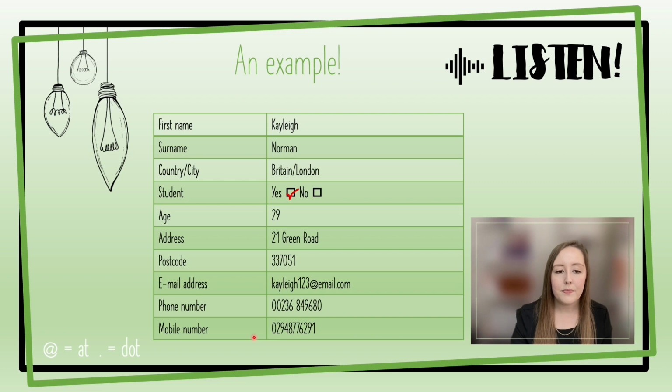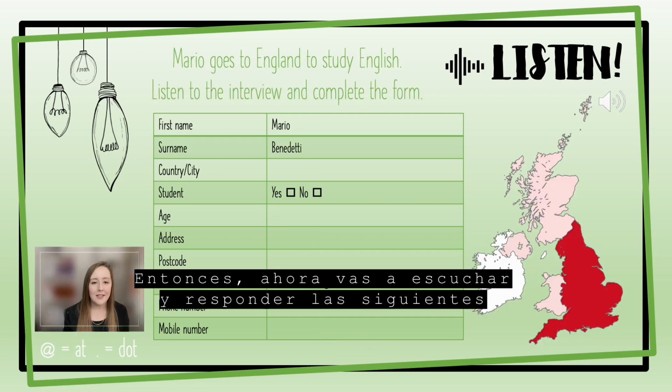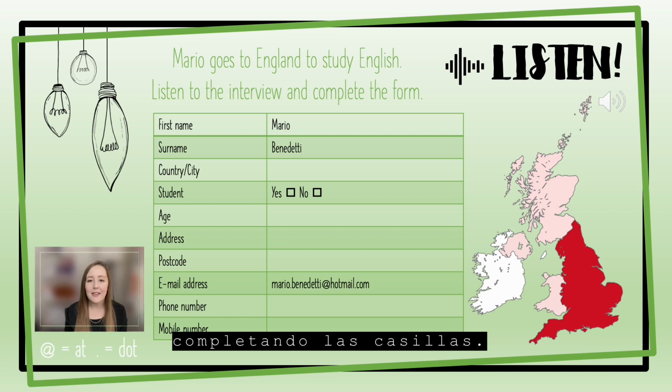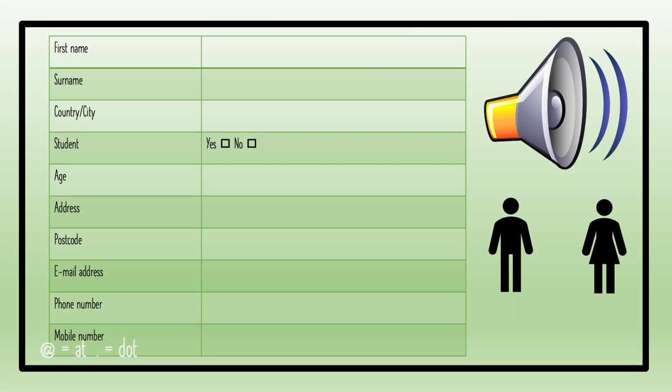Mobile number, 02948776291. So now you are going to listen and you are going to answer the following questions by completing the gaps. Are you ready? Good luck.